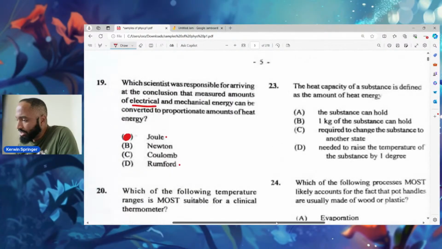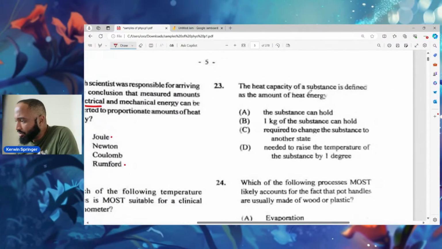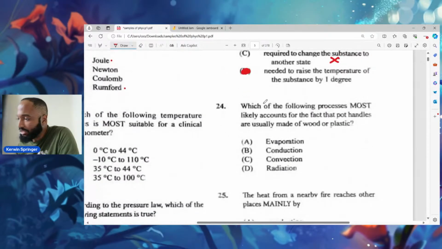The heat capacity of a substance is defined as the amount of energy the substance can hold, needed to raise the temperature of the substance by 1 degree. You don't need to talk about the mass because they just say heat capacity. They never say specific. Which of the following processes most likely accounts for the fact that pot handles are usually made of wood?